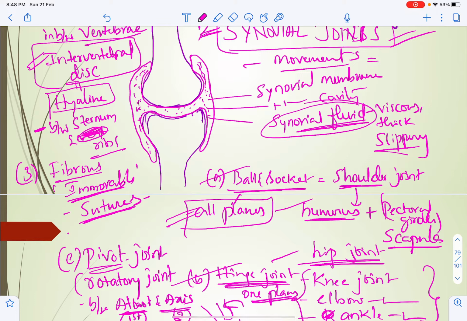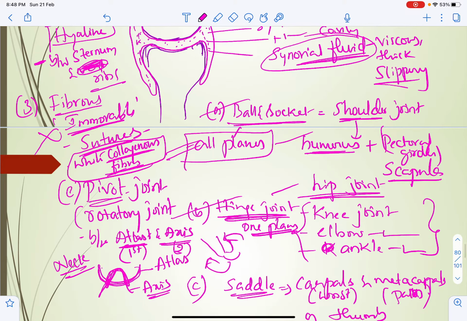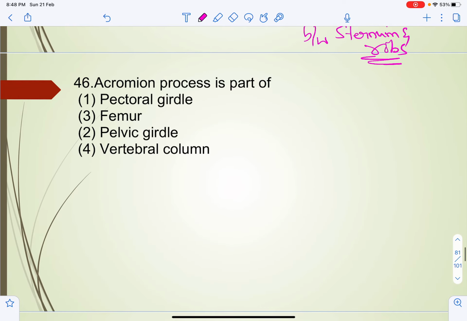This joint is made up of white collagenous fibers. Keep it in mind, collagenous is a proteinaceous fiber, highly rigid, and makes those joints immovable, right. So these are the things you have to keep in mind with respect to joints.